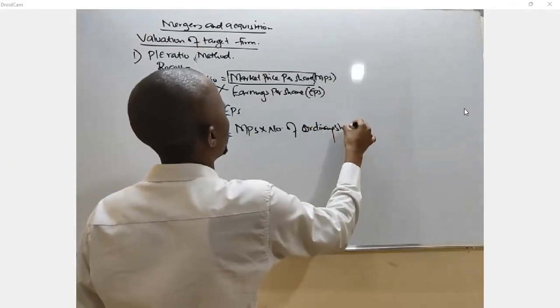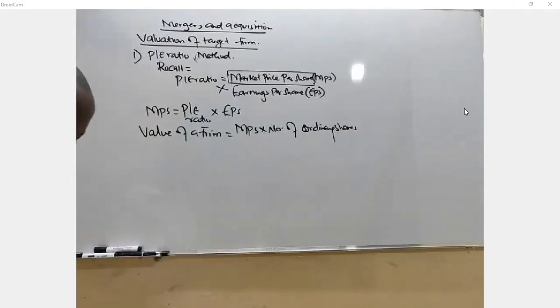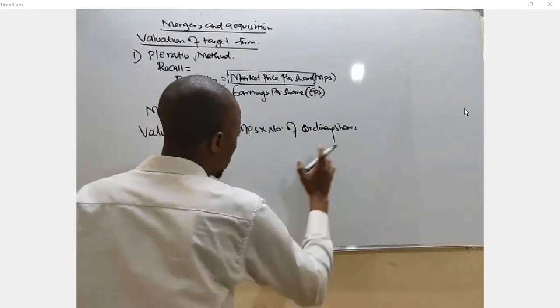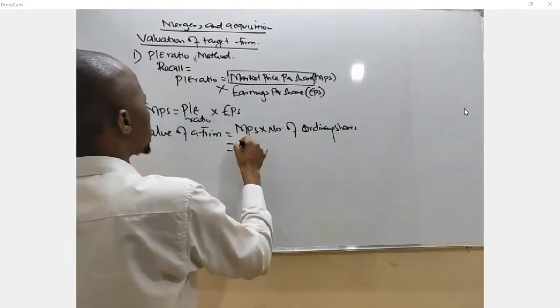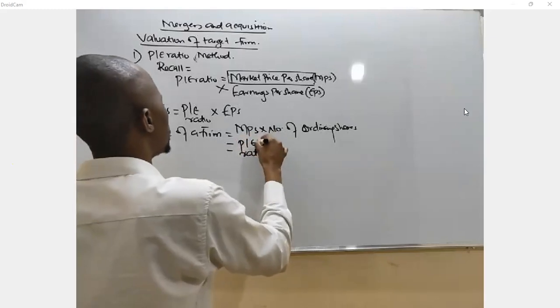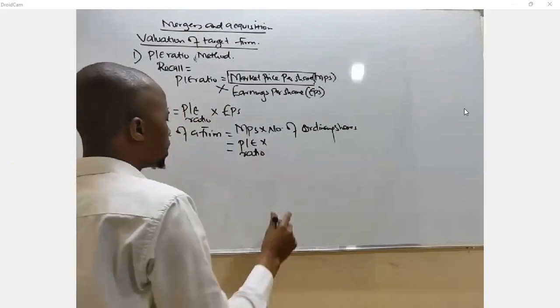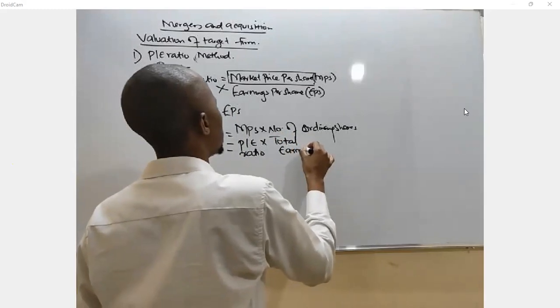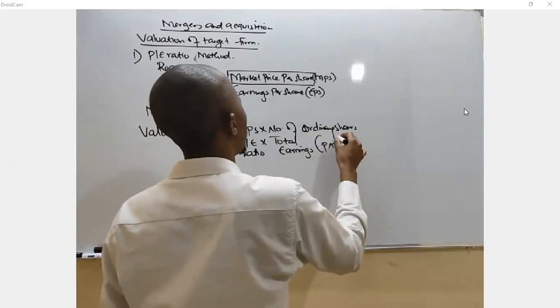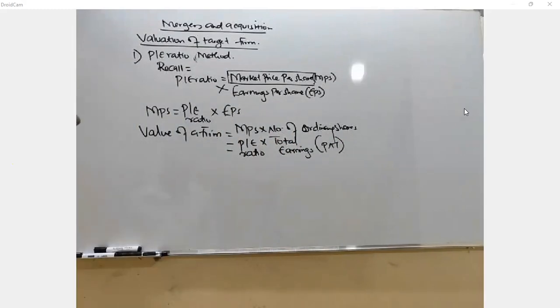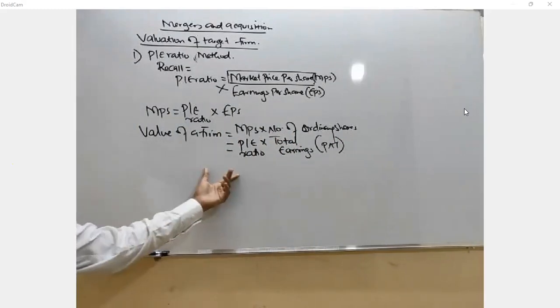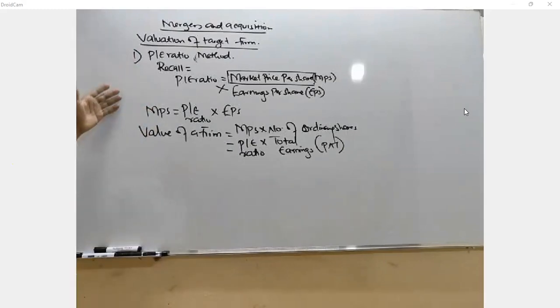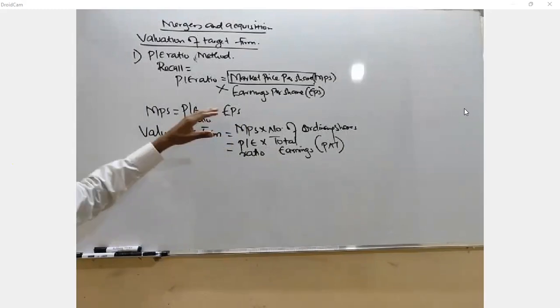We can check on the total number of ordinary shares, and if that is not available in the question, you can take the PE ratio and multiply it by the total earnings, or the PAT, the profit after tax. You can use these to value an organization, to determine the value of that organization.